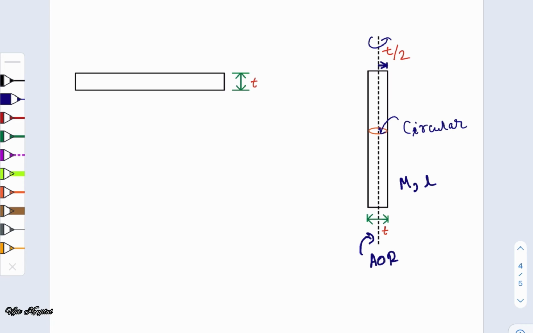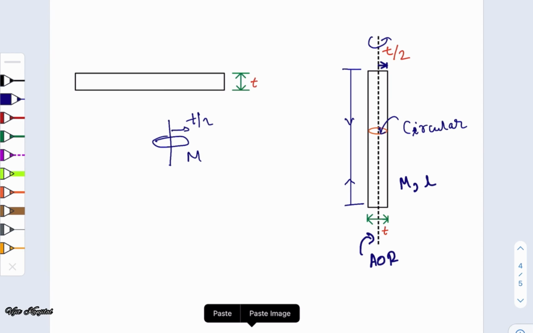From previous discussions it is quite clear that we can shrink the dimension which is parallel to the axis of rotation. So we can shrink the length of this rod, and we simply get a disc of radius t by 2 and of the same mass. What is the moment of inertia of this disc with respect to this axis of rotation?